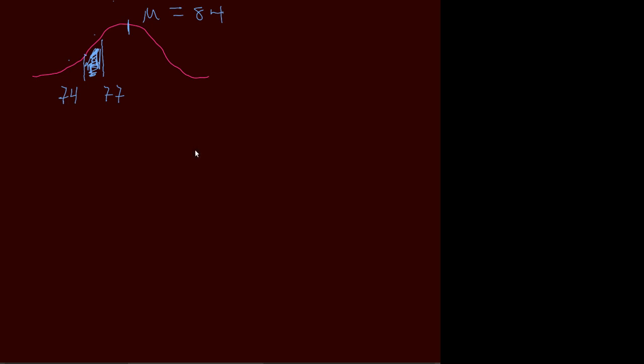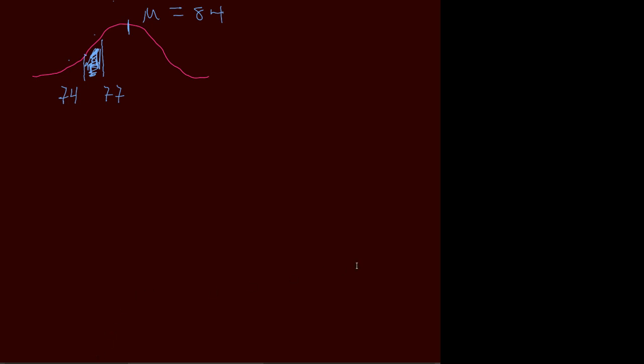So we want the area up to 77 minus the area up to 74, and that'll leave behind the sliver that we're looking for. Our Z tables become our friends in all of this. You're going to find that we use the Z tables a lot.